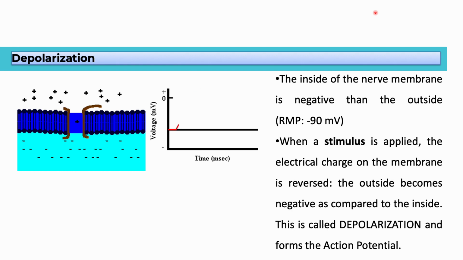As more positively charged ions enter the cell, the inside of the neuron becomes less negative relative to the outside, and the membrane potential becomes more positive. This is the process of depolarization. It can continue until the membrane potential reaches a threshold level, which is typically around minus 55 to minus 50 millivolts. Once the membrane potential reaches the threshold level, it triggers an action potential.